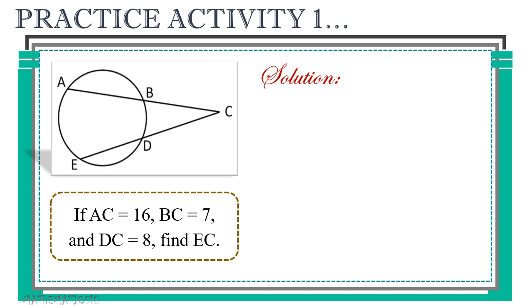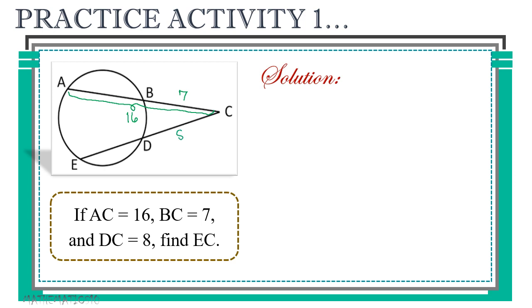So AC is 16, so I'm gonna write this way so that I will be guided that it's the entire secant, which is 16, and we have for BC is 7 here, and for DC we have 8.